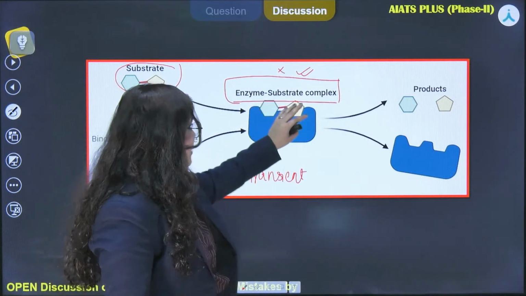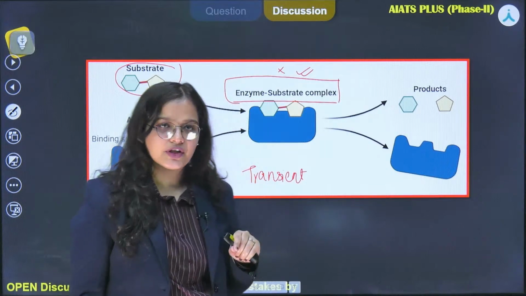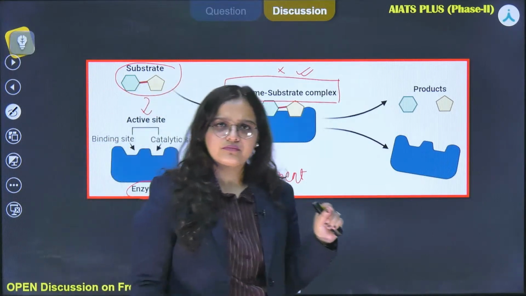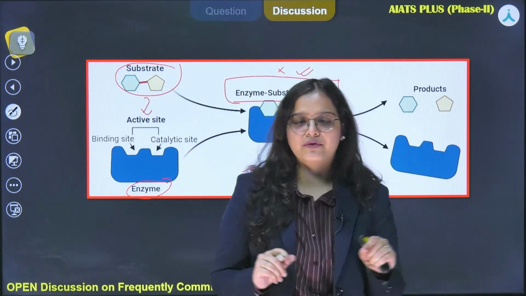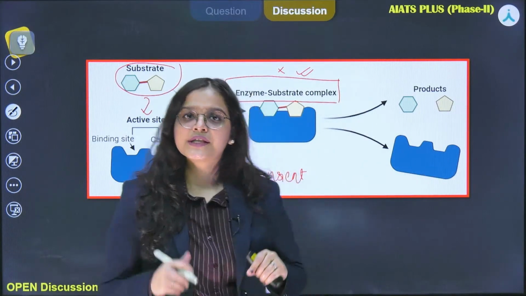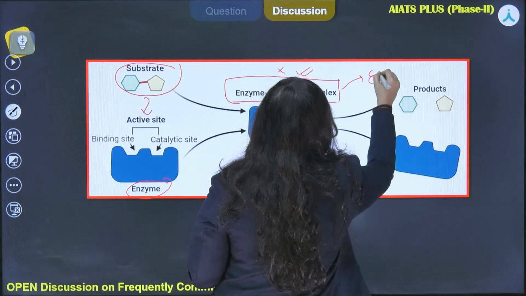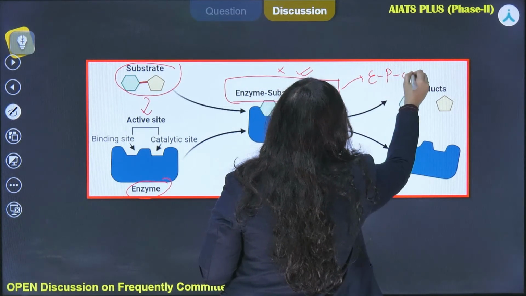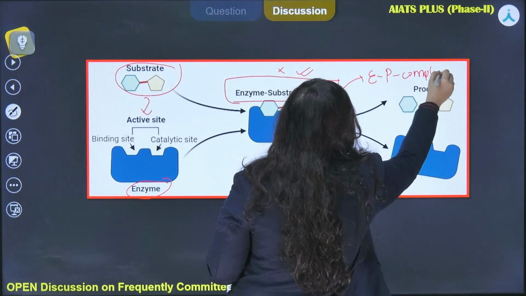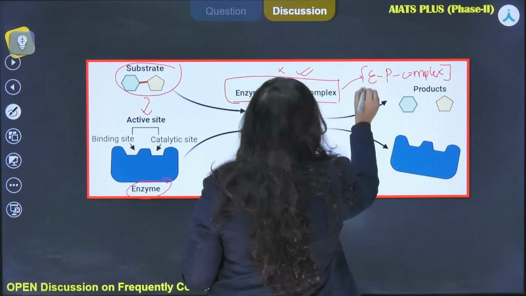So further, when the enzyme and substrate bind to each other, there will be interaction between them, and another conformational change, and finally we have an enzyme product complex, which is again a transient step.